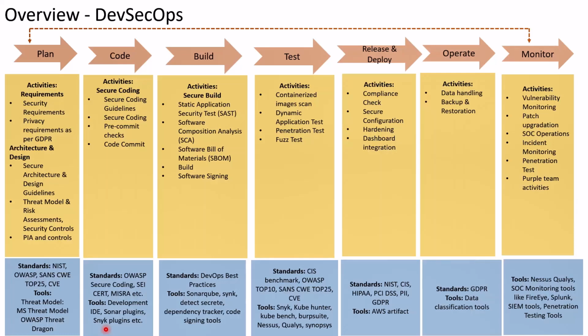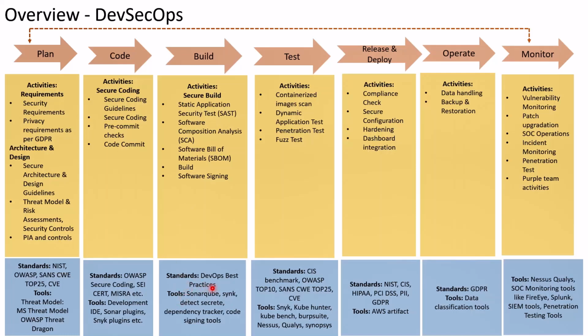our IDE. Okay, once we come to the build phase, there we have the security activities like static application security test, software composition analysis, software bill of materials generation, build creation, software signing. So these stages we can implement as part of our CICD pipeline and execute the activities.